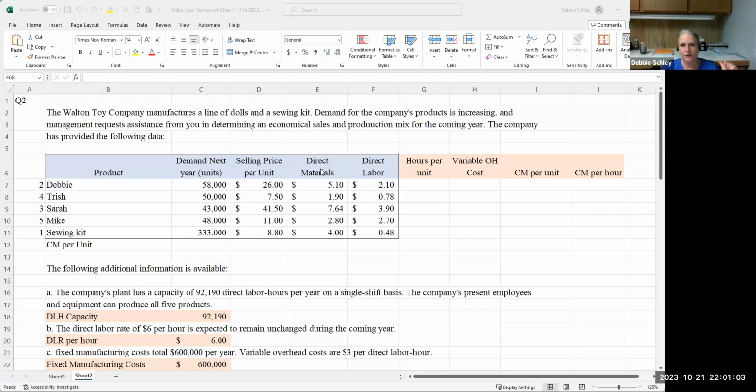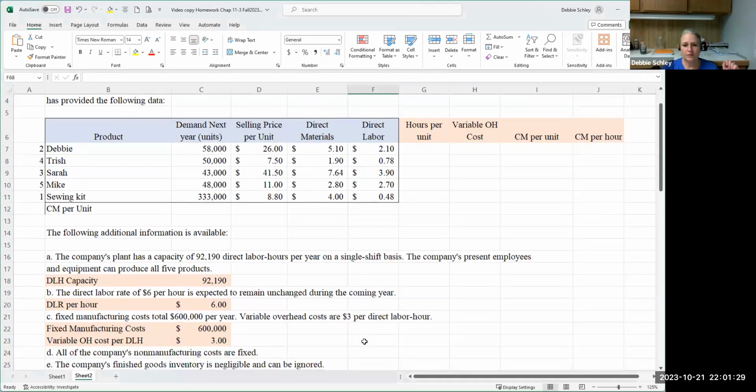Here's our selling price per unit, direct materials per unit, and direct labor per unit. And then they tell us the company's plant has a capacity of 92,190 direct labor hours. So I put that here because that is our constrained resource in this one. It's direct labor hours. And we pay $6 per hour for our direct labor.